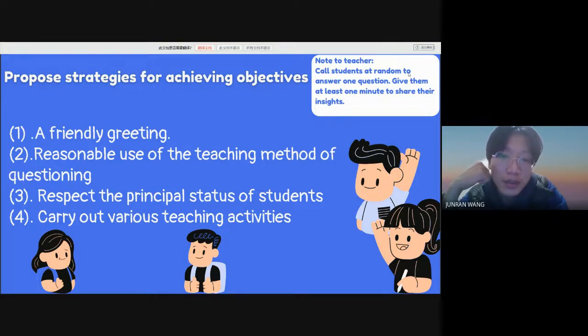Put students into groups, for instance, with the theme of the seminar and content, and the teachers can use all kinds of multimedia teaching equipment to mobilize students' active participation.